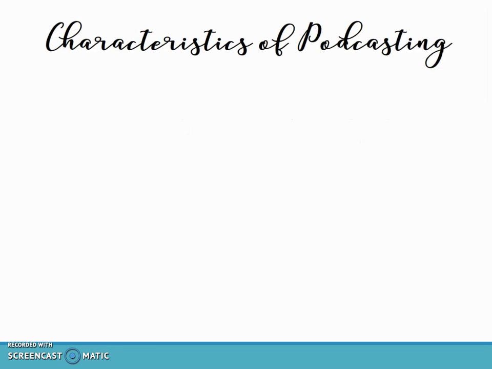So let's look at some of the characteristics of podcasting. One of the first characteristics has to do with the downloads. These downloads are file-based, and so they can be downloaded in real time or downloaded for listening later. Other options might include a manual or automatic download.